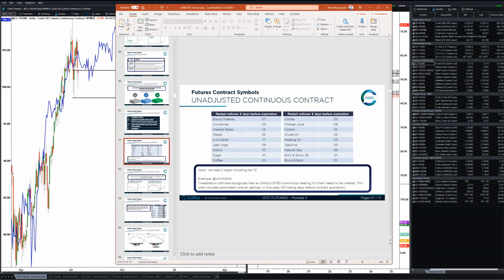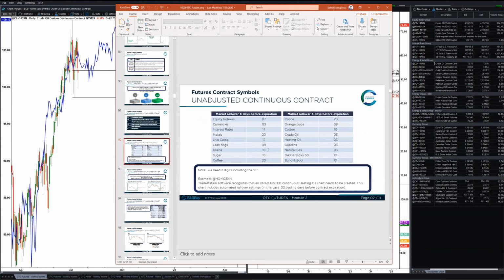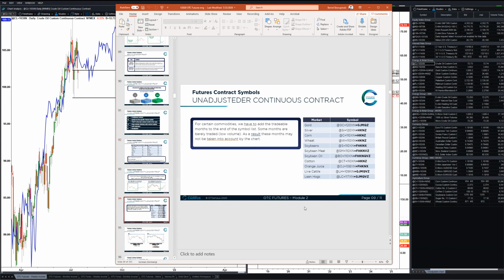And if you didn't have it here, then you know, hey, this is grains, and grains is XN, always 10, the X days before. If you want to plot it yourself and you don't know where to find the unadjusted chart, then you use this one or that one as a helping tool.